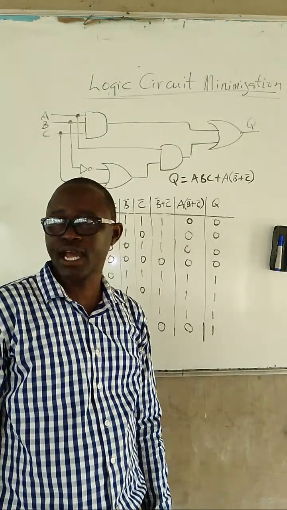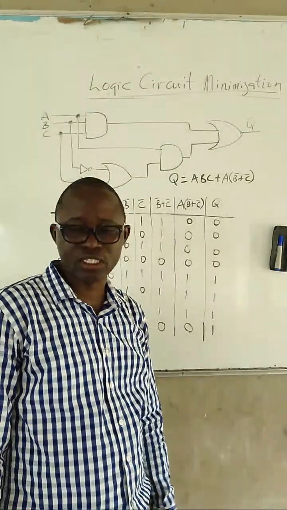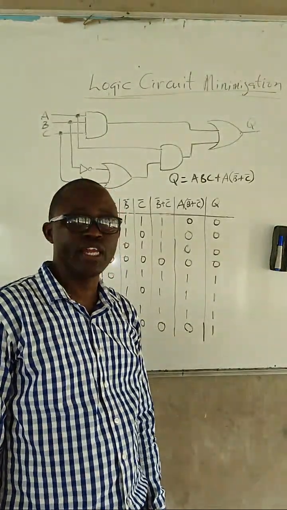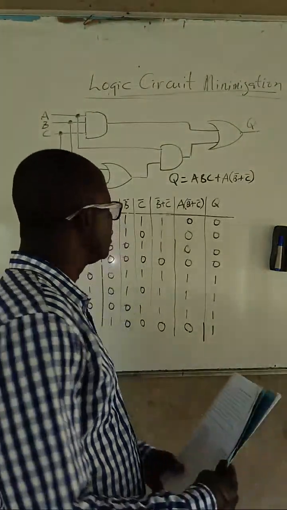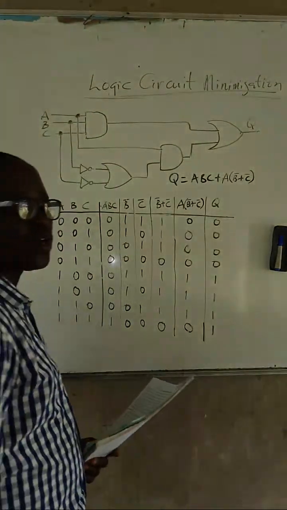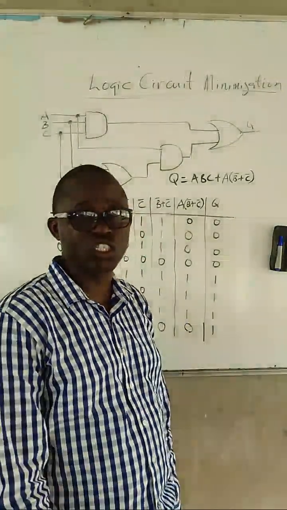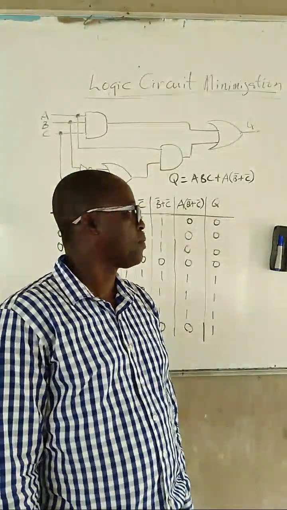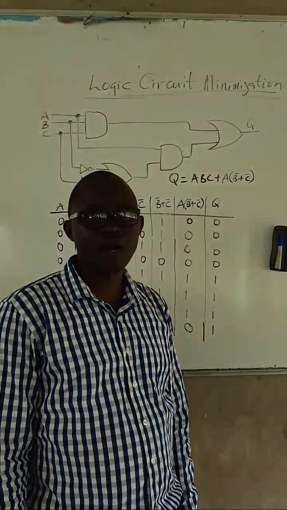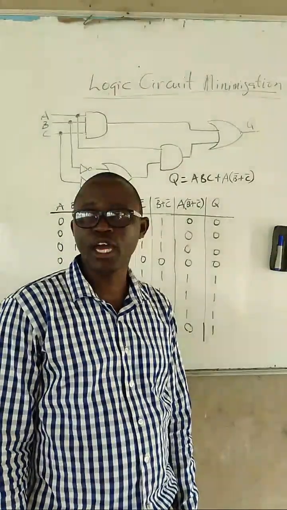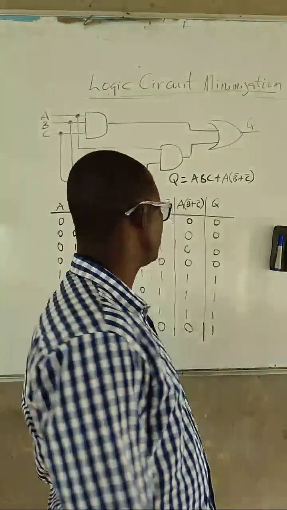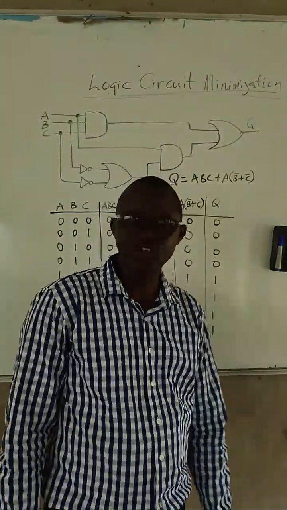Like I said from the start, I'm going to use the Karnaugh map to simplify, like we've been using Boolean algebra. The Karnaugh map was developed as another alternative to simplify combinational logic expressions. Now, if you master the Karnaugh map very well, you will eventually drop the use of Boolean algebra.